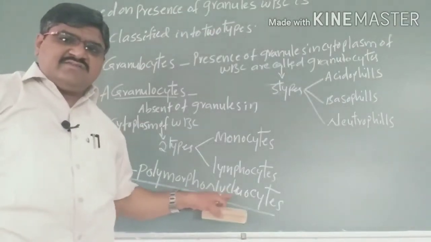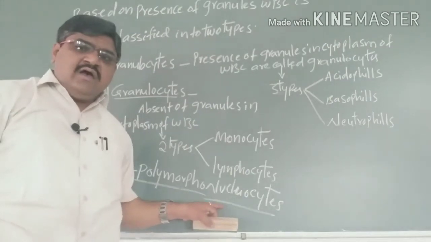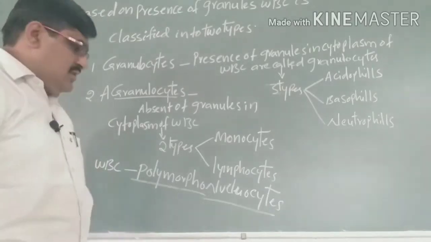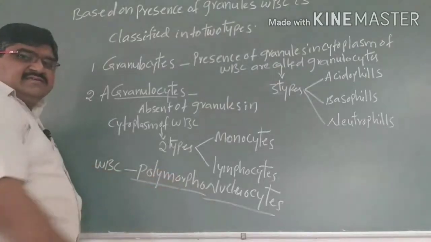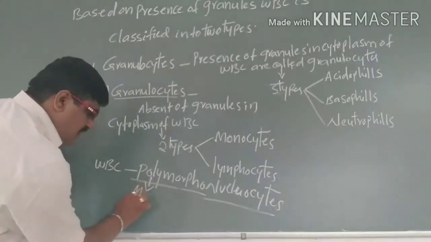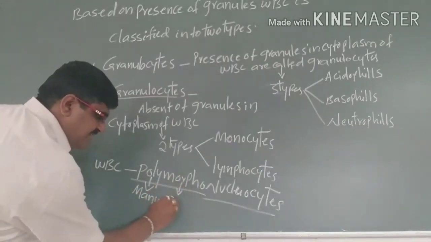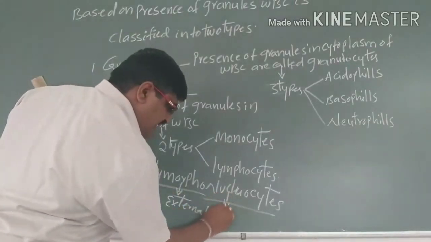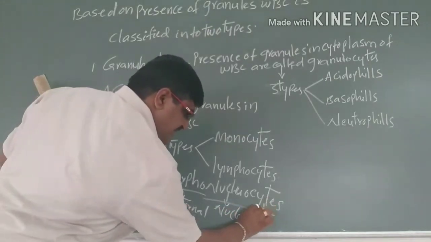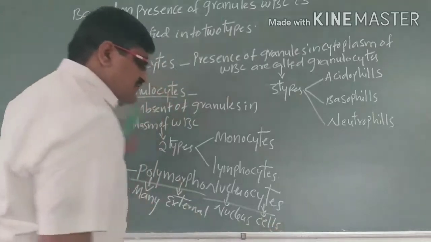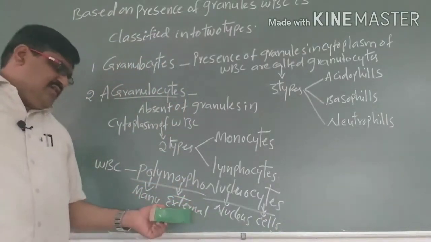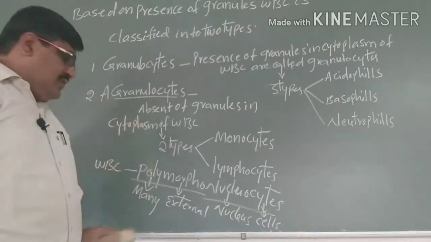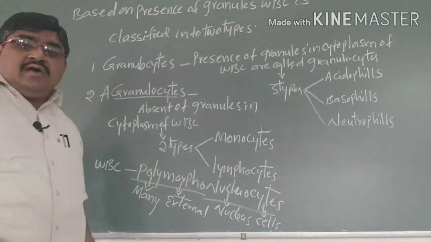By seeing the nucleus of the cells, we can easily identify which type of WBC is present, so we call them polymorphonuclear cells.